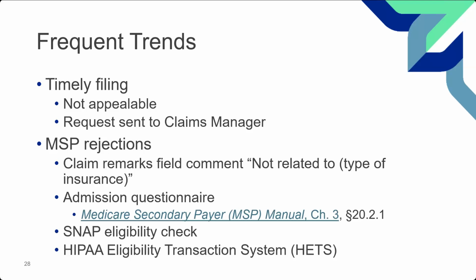So those situations where Medicare is the secondary payer and those denials for that reason are another common rejection on claims. And they're also not appealable. So redetermination requests are not an option. This is only going to cause delays in the processing of your claims and other redeterminations.